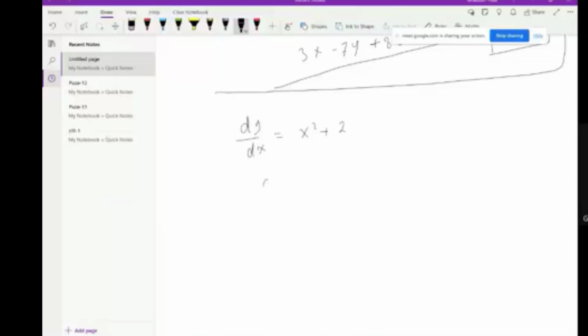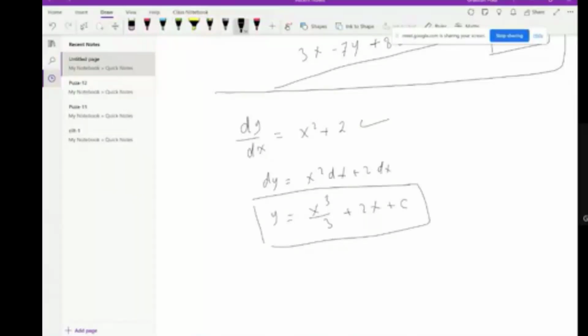It will be dy equals x squared dx plus 2 dx. And then by integration directly, it will be y equals x cubed over 3 plus 2x plus c. This is named an ordinary differential equation.